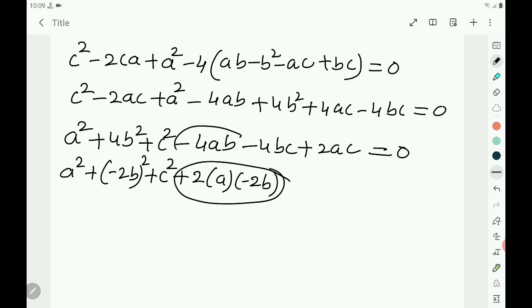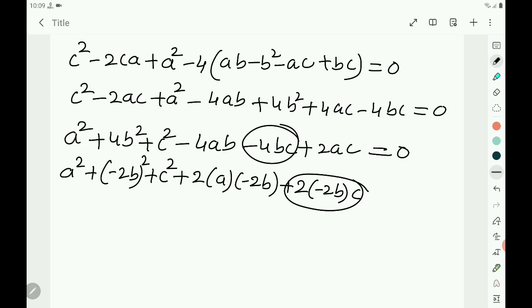This product becomes minus 4ab. Then plus 2 into minus 2b into c. This product becomes this one. Plus 2 into c into a, or 2ac you can write.